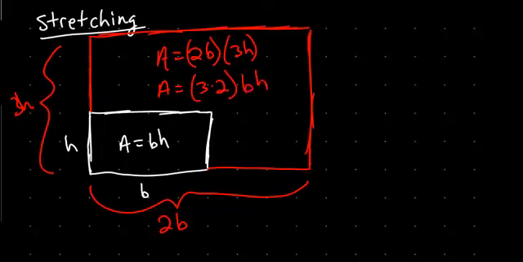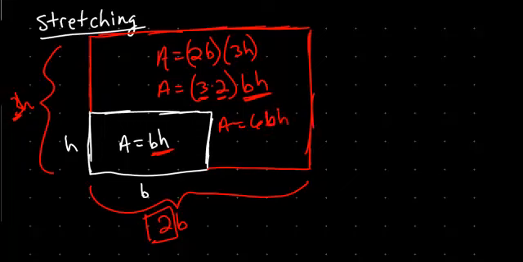And you notice here that it is the original area, base times height, times the factors that we stretched by. I stretched horizontally by 2, and I stretched vertically by 3. Okay, and that's going to give us that our new area equals 6 times base times height.